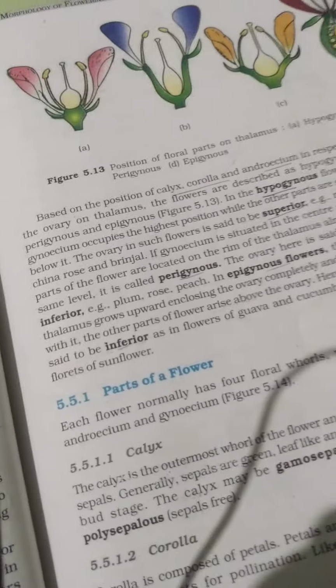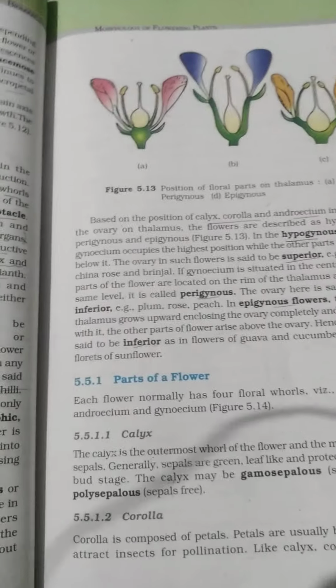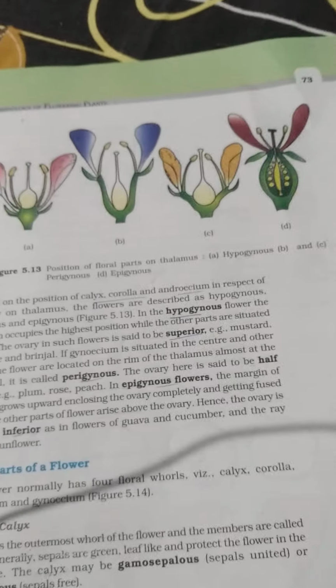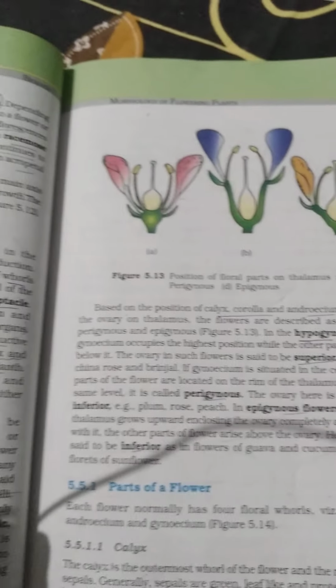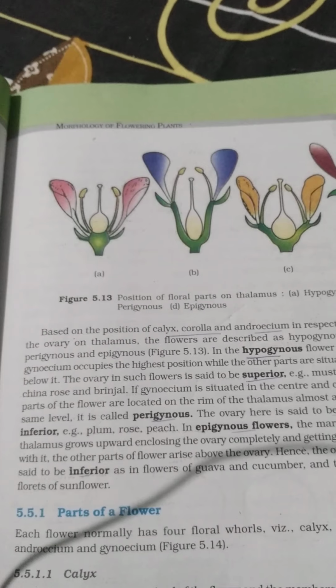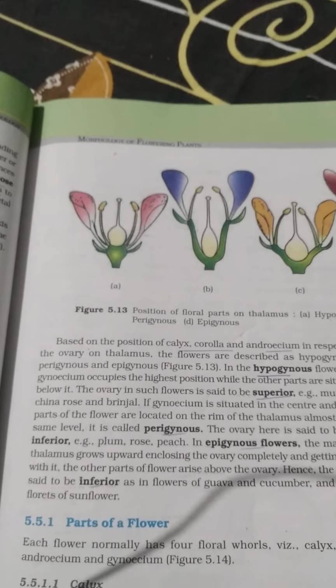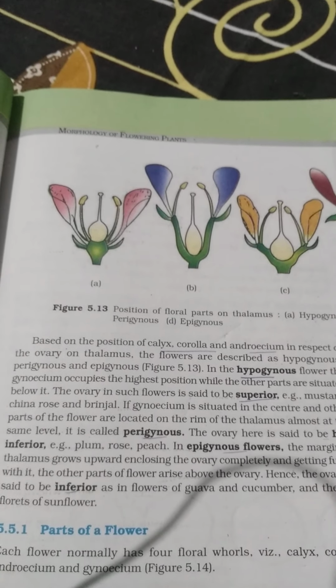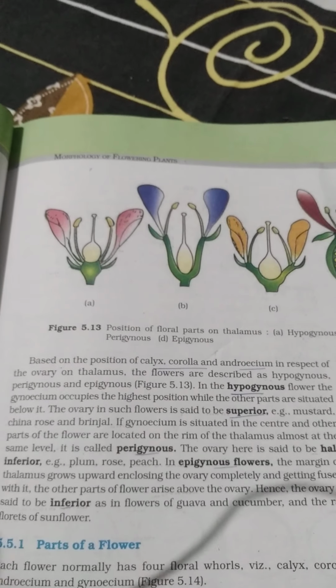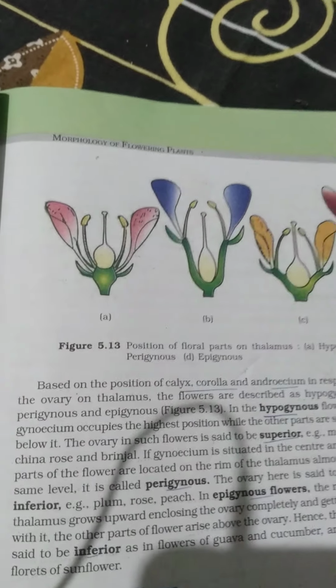So there are different types of symmetries found. Based on the positions of calyx, corolla, and androecium with respect to the ovary or thalamus, we have classified it as hypogynous, perigynous, and epigynous. Picture A is hypogynous, where the gynoecium occupies the highest position.